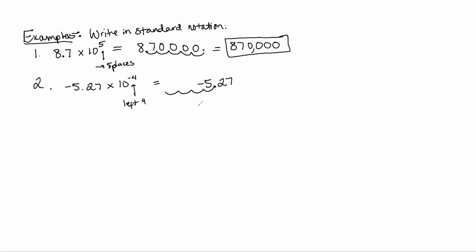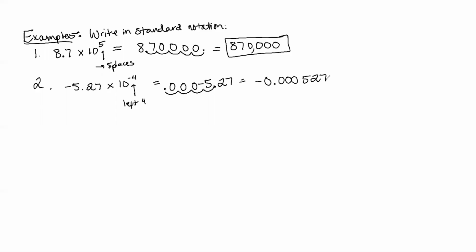Fill in zeros wherever you see these spaces. What I'm going to do first is put the negative in the front. The decimal is going to go in the front now. We can't just put a decimal here by itself, so I'm going to put 0 point. And then we're going to have 0, 0, 0, 0, 0, 0, 5, 2, 7.